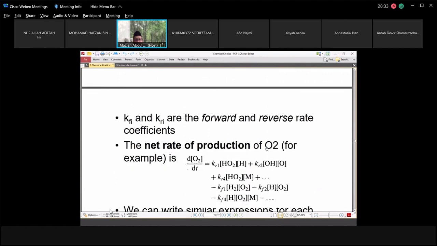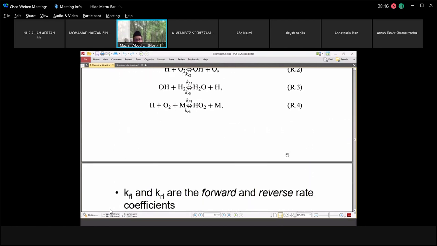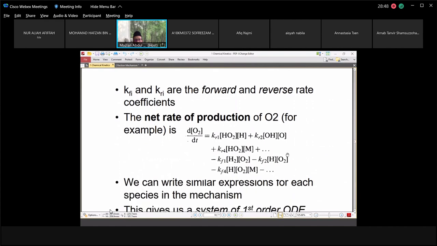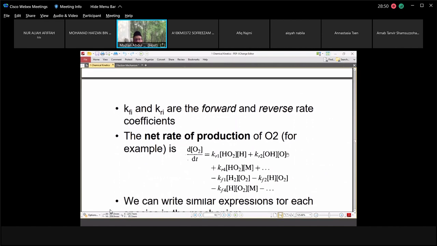As we went through in the previous lecture, if you want to know the net rate of production for each species, how many species are there? I think at least 8 species. For oxygen, we have to consider all the forward and reverse reactions. Some will give you positive, some will give you negative. So this is the net rate of production of oxygen.